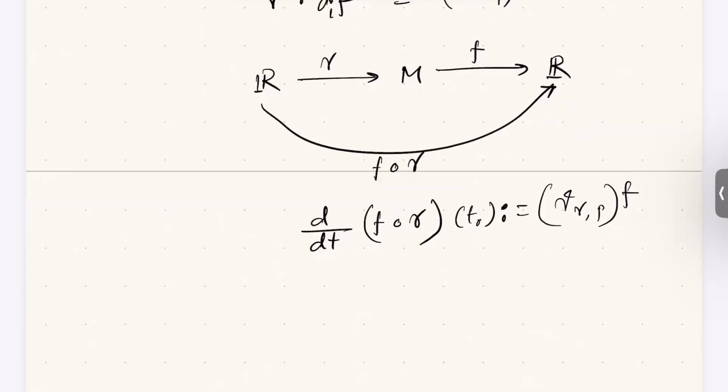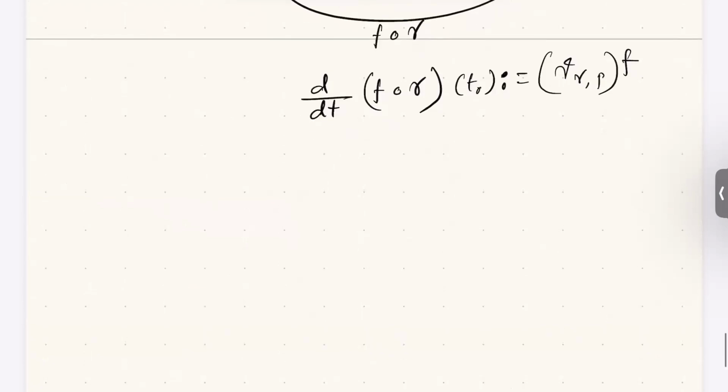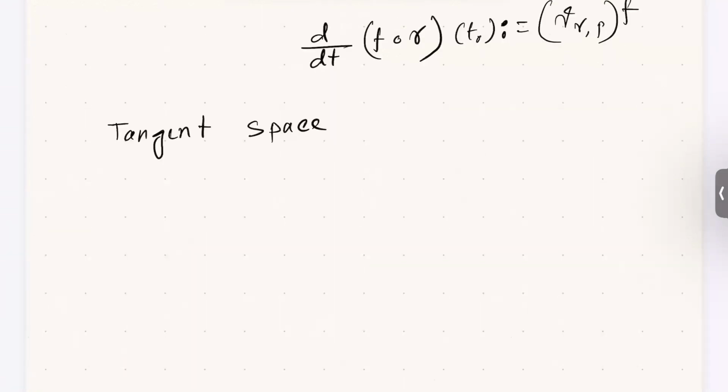Then we can define the tangent spaces. Tangent space is a set denoted by T_pM, and this is just all those velocity vectors v_γ,p for smooth curves γ.